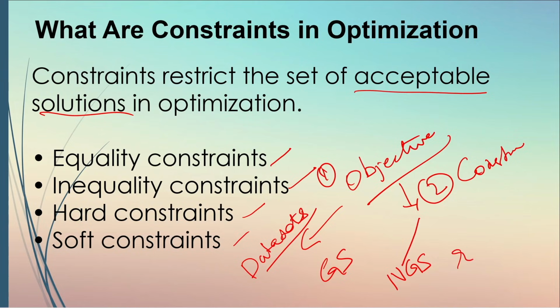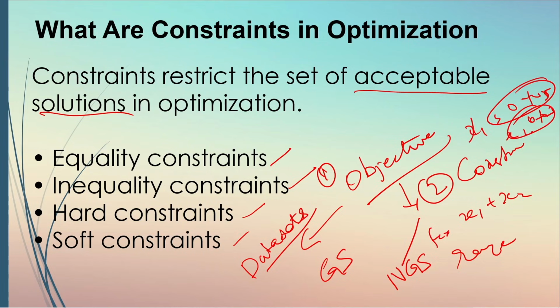You are not asked to solve any optimization problem without constraint. Constraint is always expected, even if it is a range constraint. Say for example f of x equals x1 plus x2, where x1 belongs to 0 to 5 and x2 belongs to 0 to 3. So this is a range constraint, or otherwise called an inequality constraint.